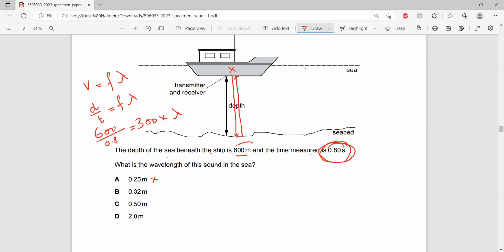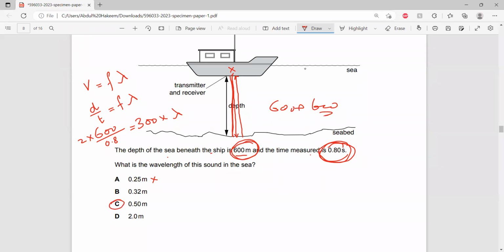So we are using the distance covered just one way. Either multiply this distance by 2 or divide 0.8 by 2. So for this time, down and then up, the total distance covered is 600 down plus 600 up. So now the double of this, definitely the C answer.